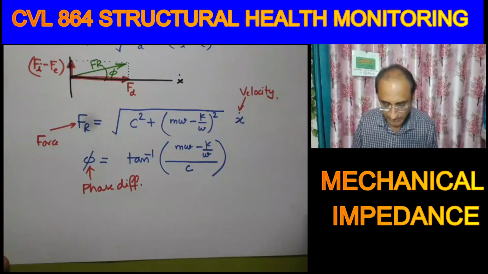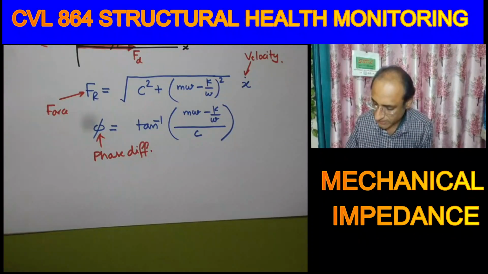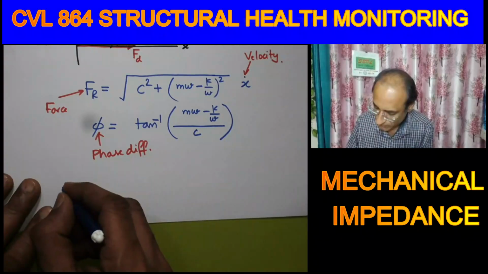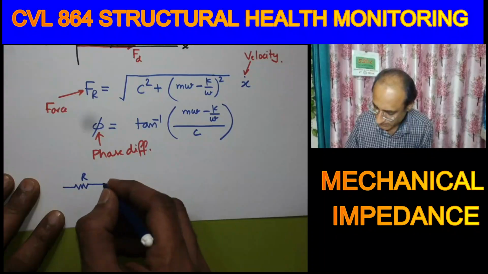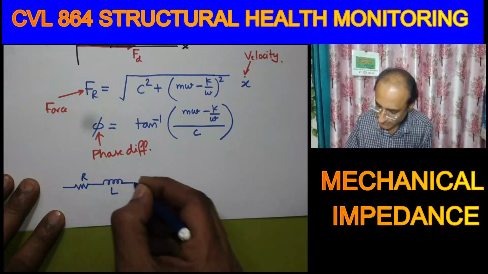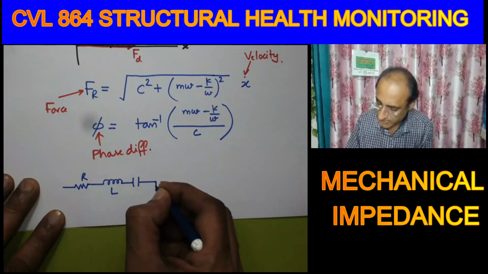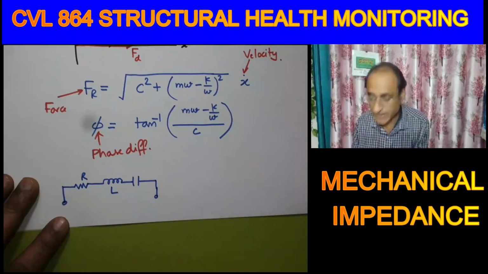In the electrical concept, we have the LCR system. I hope you can recall that in the case of the LCR system, we have the resistance, we have the inductance, and we have the capacitance. So together these elements form an electrical impedance.